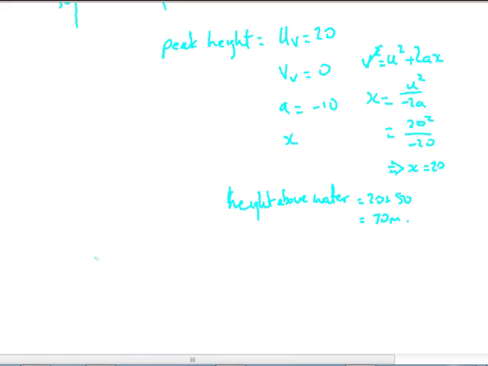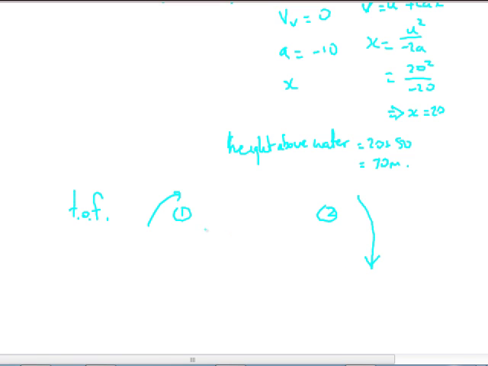Okay, time of flight. This is the most difficult bit in any of these questions, I think. You've got to go stage 1 up to the peak, and then stage 2 from that peak down to the water. So we break it up into 2 sections.